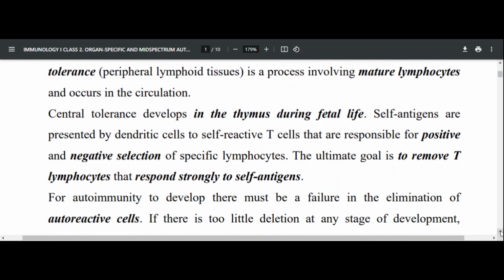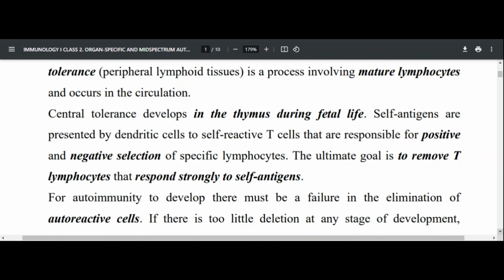So in this case, a dendritic cell is able to present these antigens to specific lymphocytes, and the dendritic cell is now able to perform positive or negative selection of those lymphocytes.